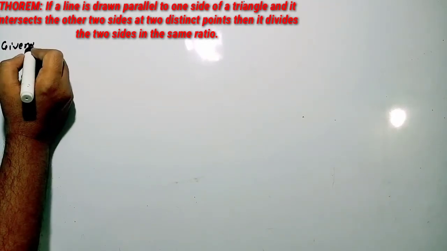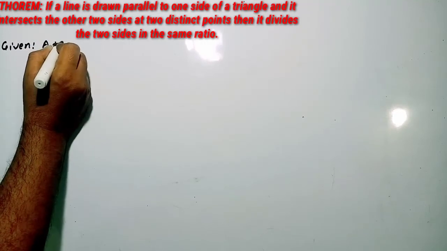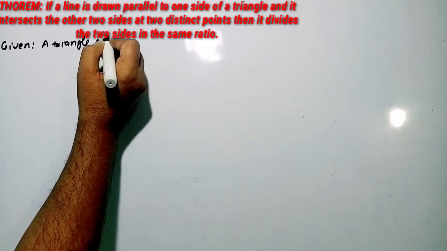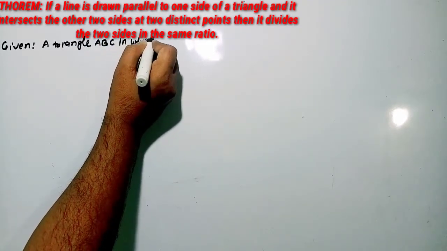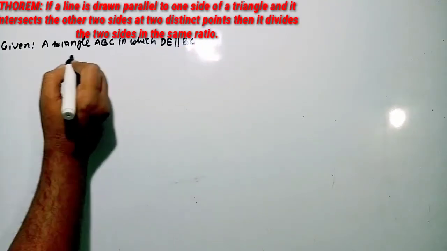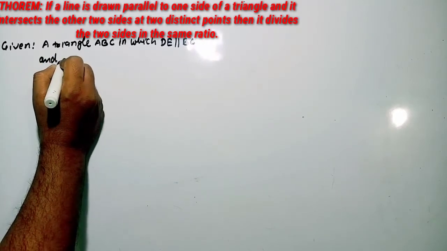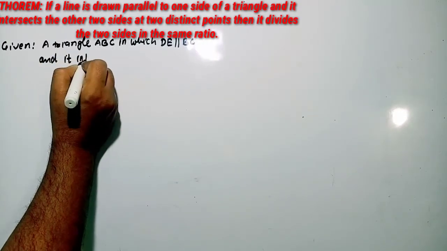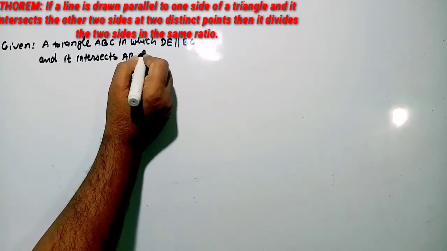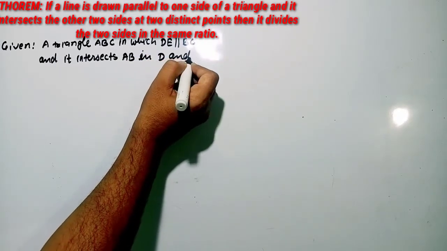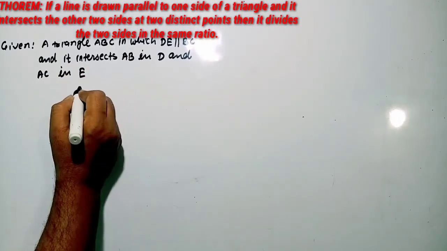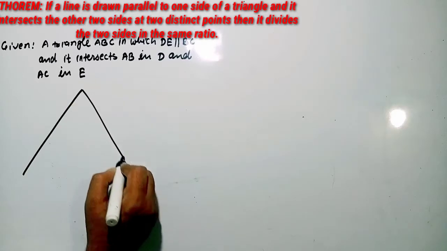What is given? Here it is given a triangle, suppose the triangle ABC, in which DE is parallel to BC, and it intersects AB in D and AC in E. Right students?